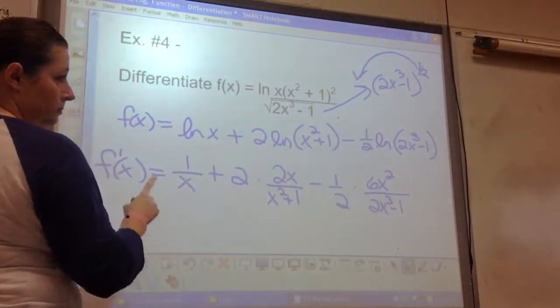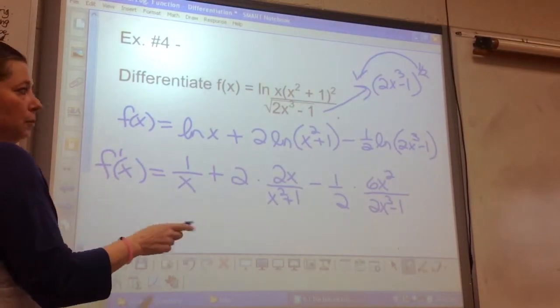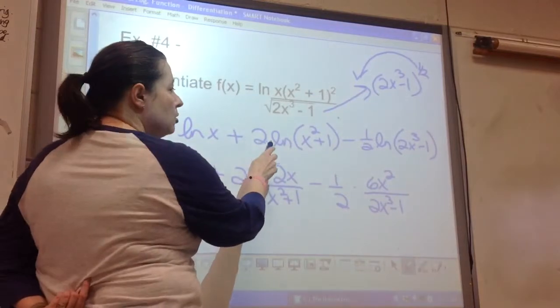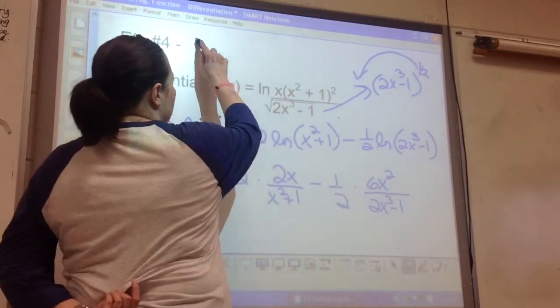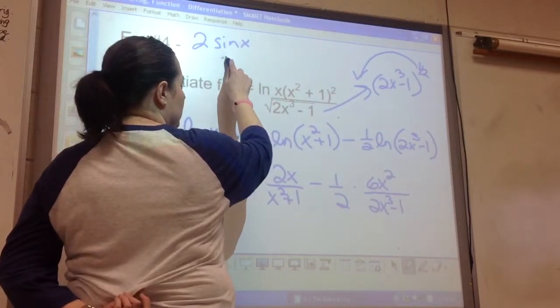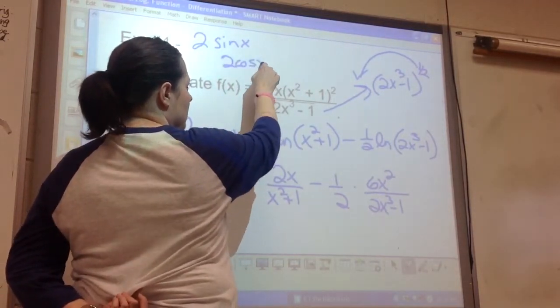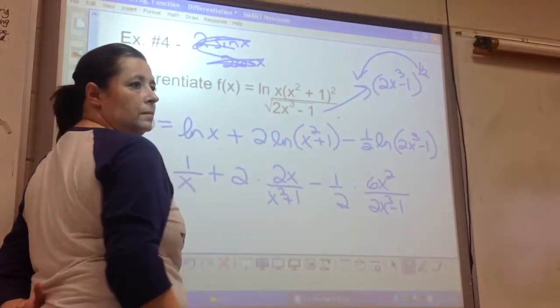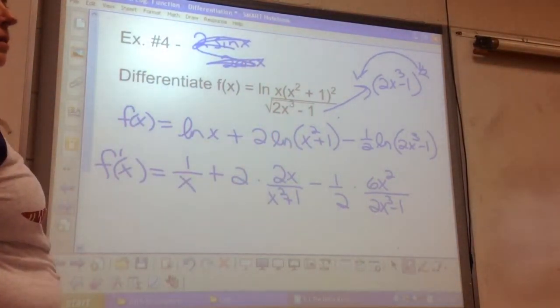Okay, why do we keep the 2? Oh, yeah, because we just, go ahead. The u and u prime. What'd you say? I said, why do we keep the 2, whenever you find the derivative? Just like if it was 2 sine x, when you take the derivative, it becomes 2 cosine x. The same concept. It's part of the thing, multiplied.